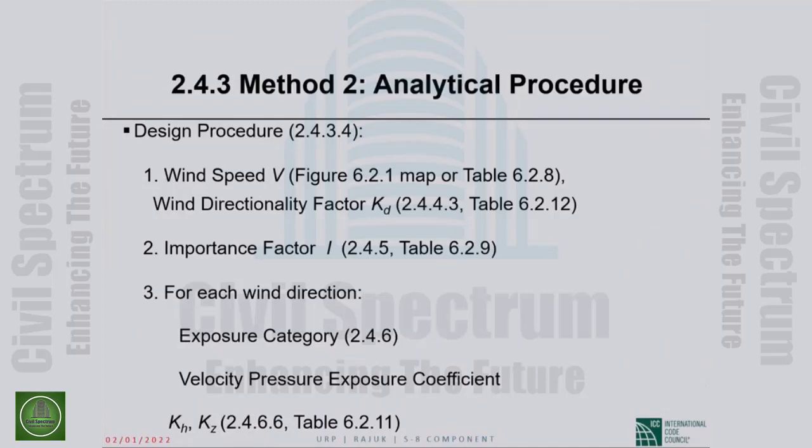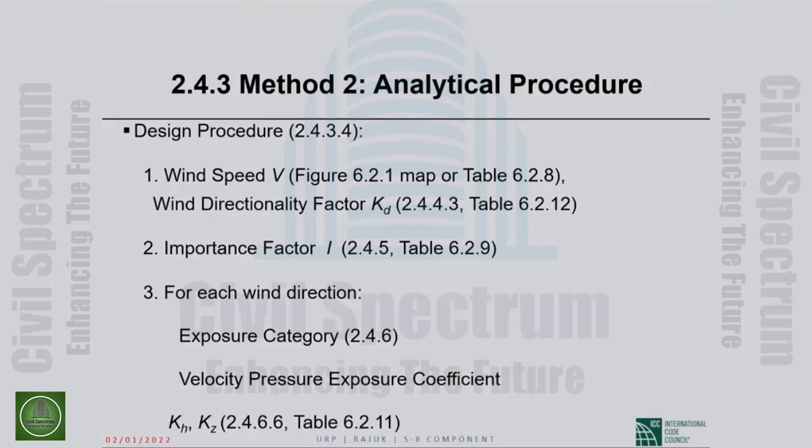in steps. One is you find the design wind speed by going to figure 6.2.1 of BNBC, and you will see the map in a second. And I showed it to you already earlier. You find the wind directionality factor by going to table 6.2.12. You find the importance factor by going to table 6.2.9.